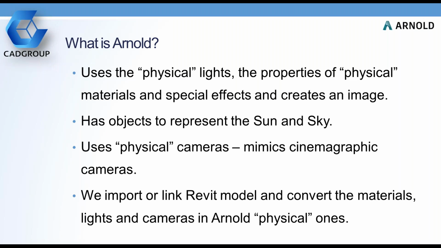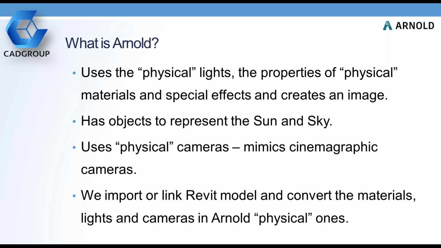Okay, so how does Arnold work? Well, Arnold uses what are referred to as physical lights and physical materials. As the name suggests, those objects are designed to work as closely as possible the way that real-world lights and real-world materials actually work.